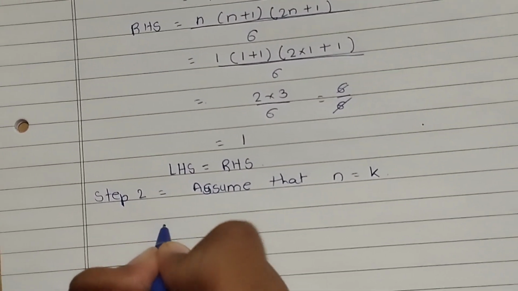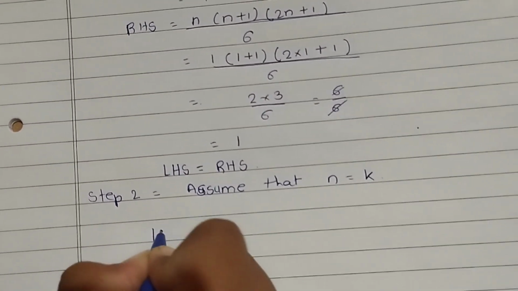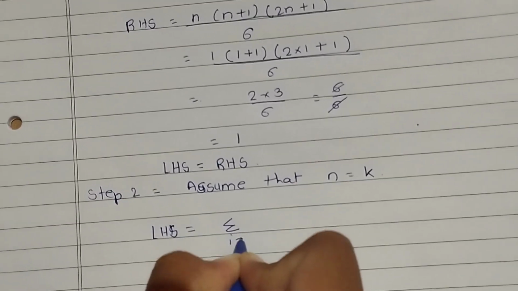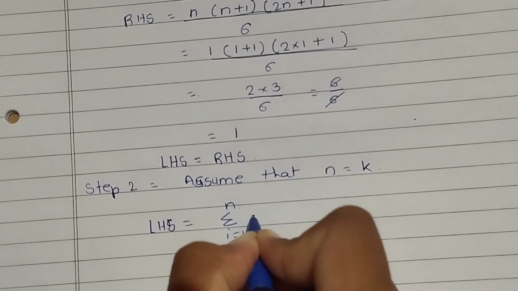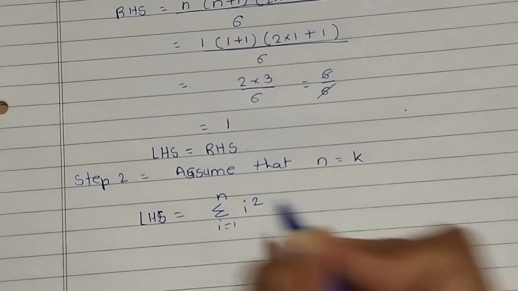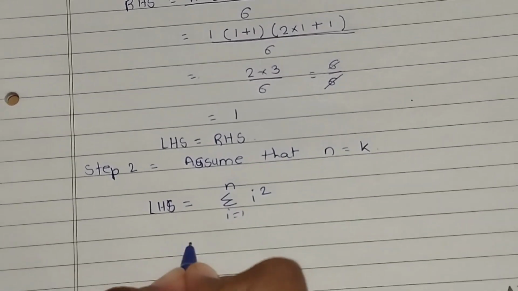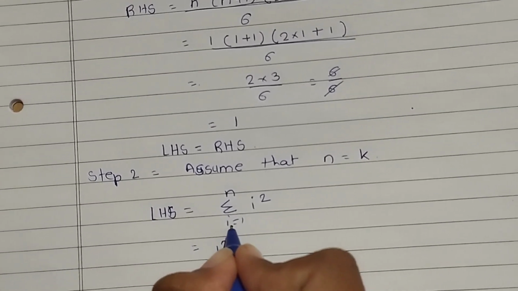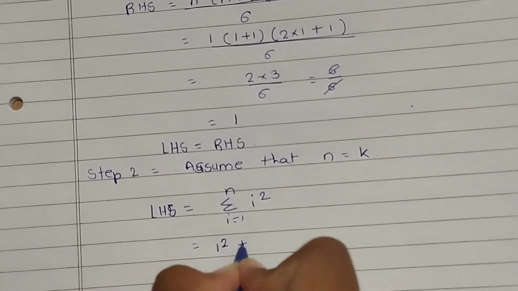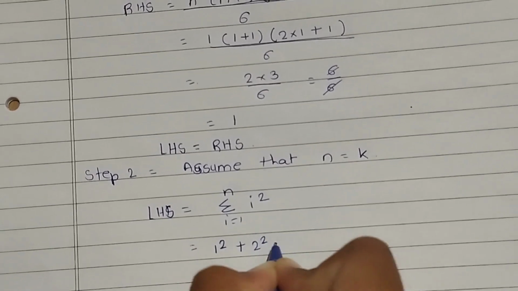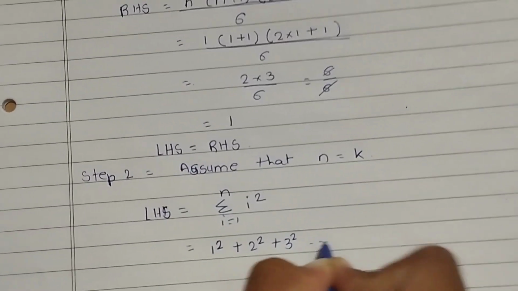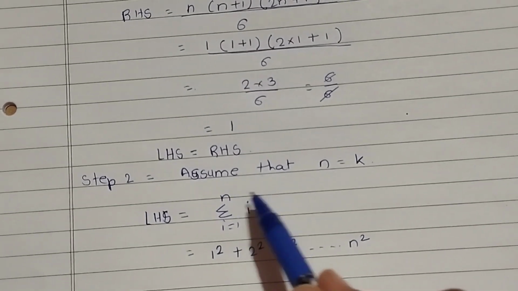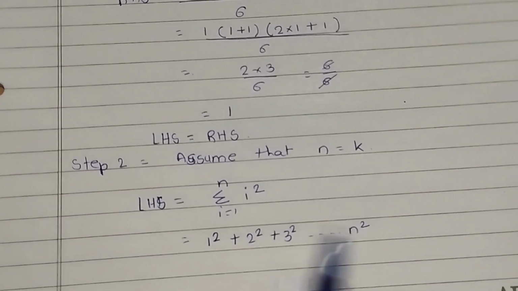Again the LHS is equal to the summation of i equals 1 to n of i square. This summation of i square means i starts from 1, so 1 square plus 2 square plus 3 square up to n square. That is the meaning of this summation.